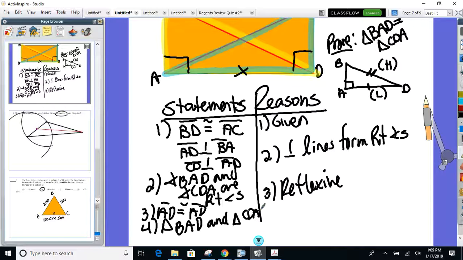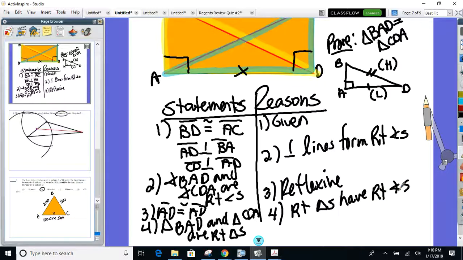That has to be in there before you write down HL. And anybody know the reason why they're right triangles? Right triangles have right angles. And then you could say, yes, these are congruent by HL.